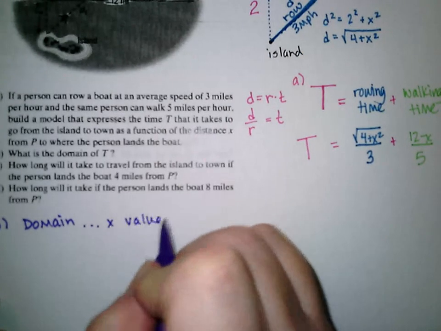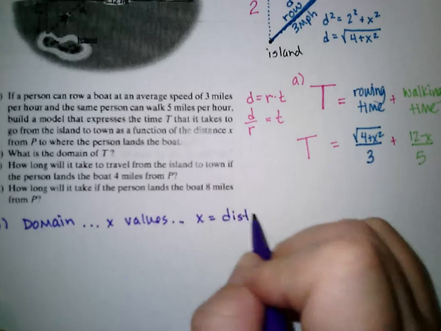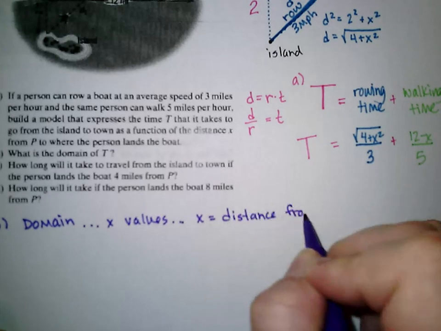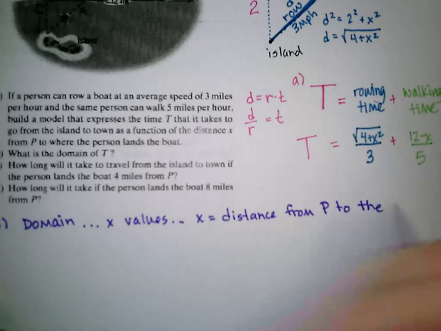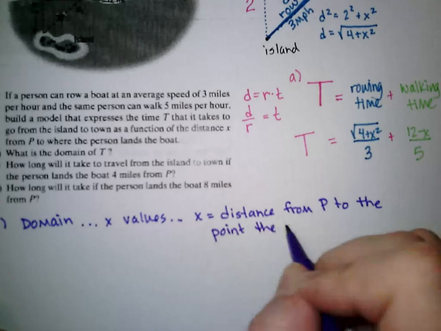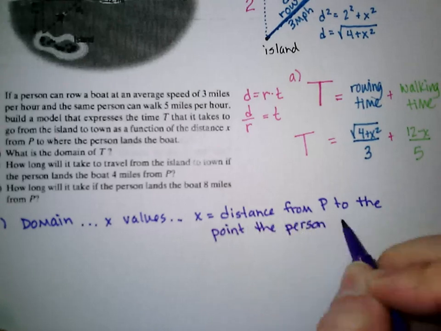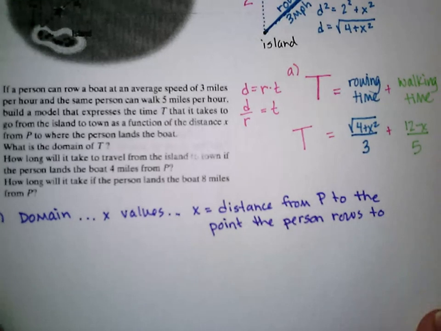In this case, x is the distance from P to the point the person rows to. I don't know how to better phrase that.